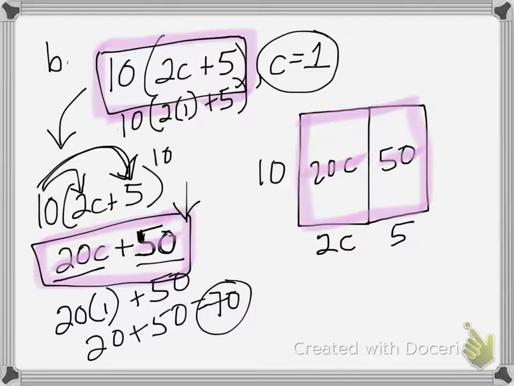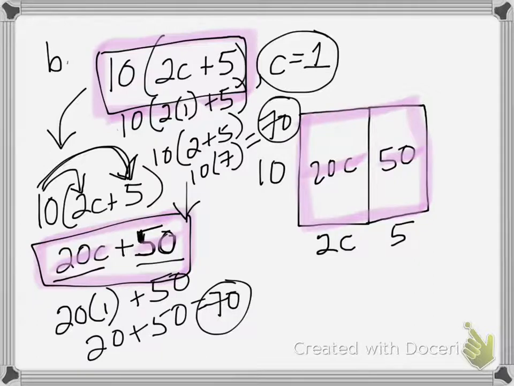Okay, 2 times 1, which is 2, plus 5. And so 10 times 7, which equals 70. And yes, I have proven the equivalency because they both solved out to be 70.